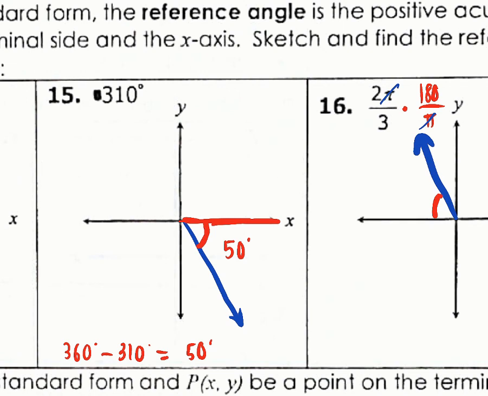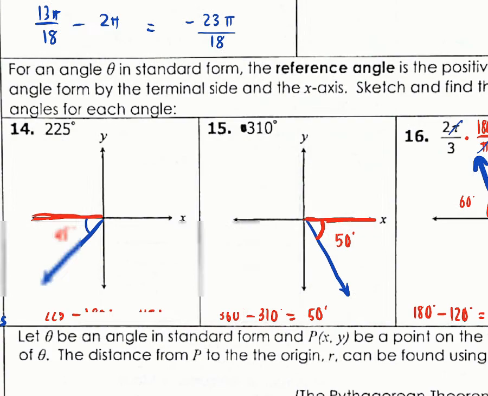What is the measure of the x-axis here? 180. But since it's less than 180, shouldn't we subtract it from 180? So what's 180 minus 120? It is 60 degrees from the x-axis. That is how you find it.